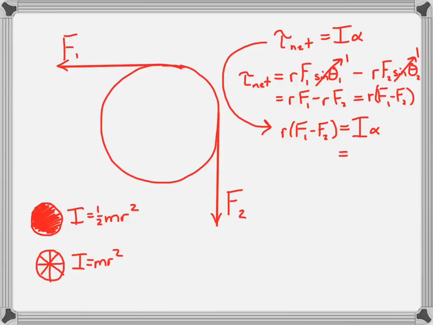So let's write that moment of inertia in for my value of I. And so I have R times quantity F1 minus F2 equals 1/2 mr squared times alpha. I forgot to write that left-hand side there. There we go. Now it's complete.